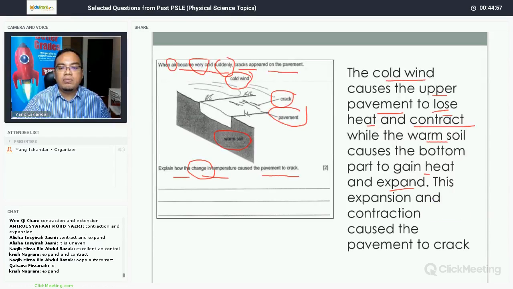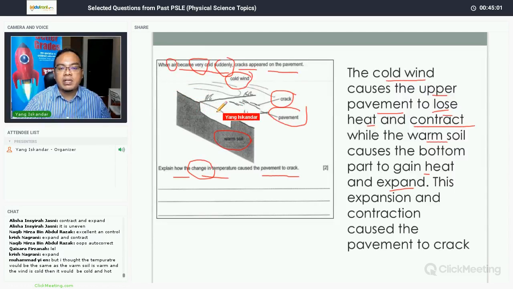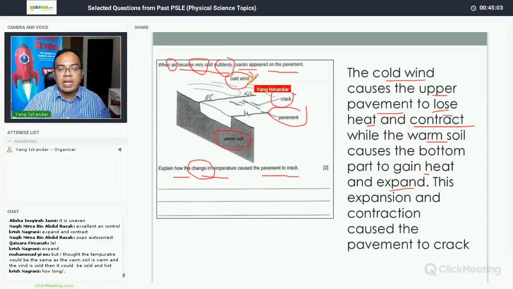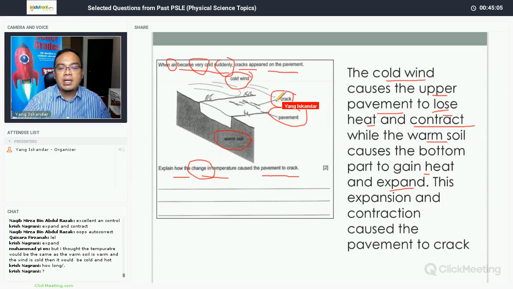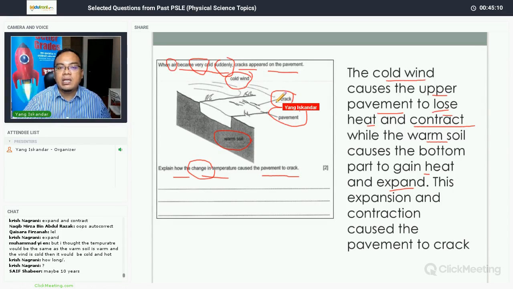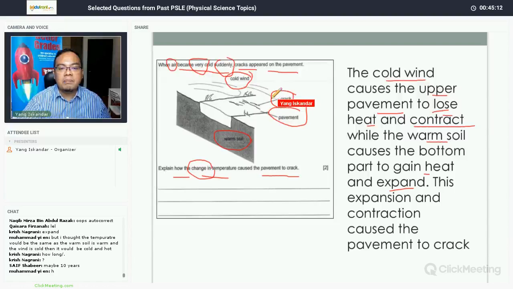This may happen over a long period of time. Continuous expansion and contraction of the top part and the bottom part, eventually, after a long period of time, causes the cracks to slowly appear. So this does not happen over a few hours or a few minutes. This can only happen over a long period of time.